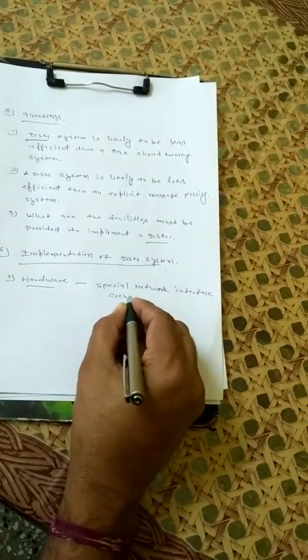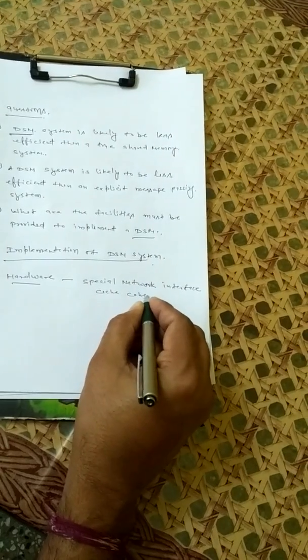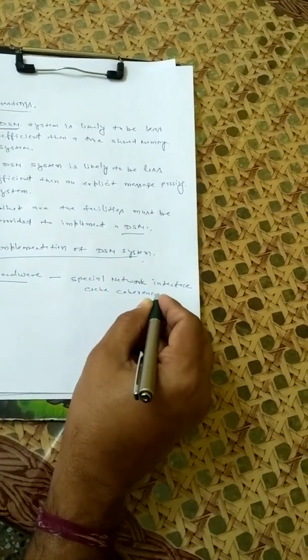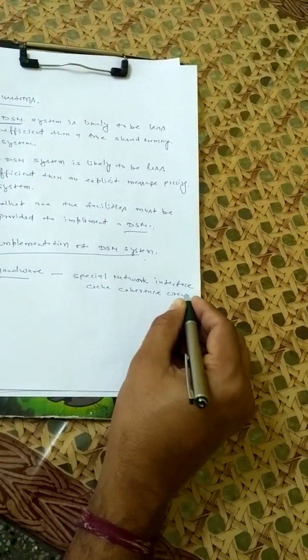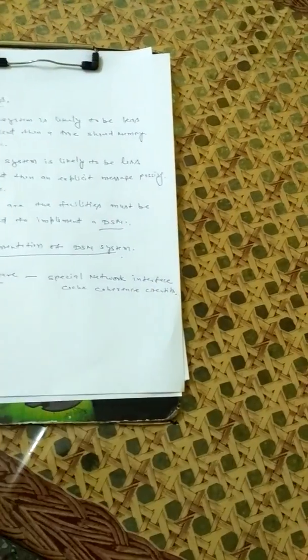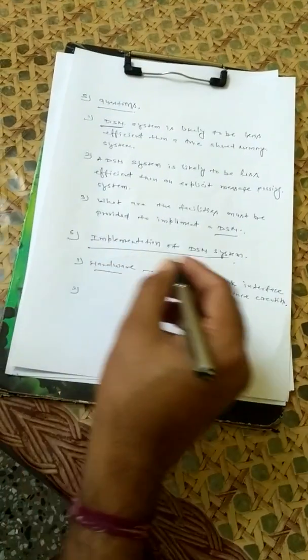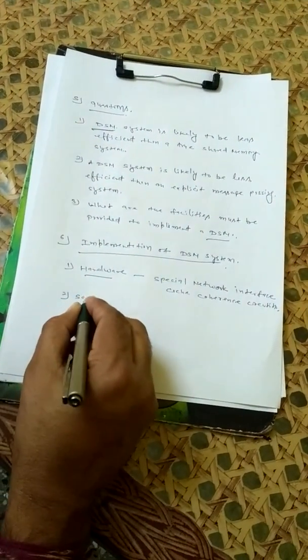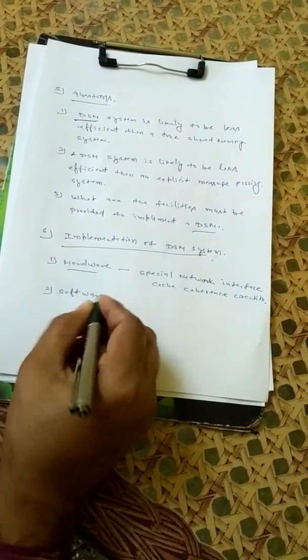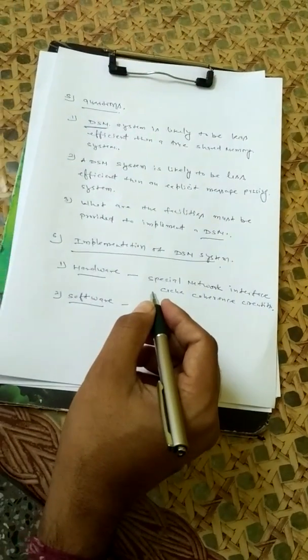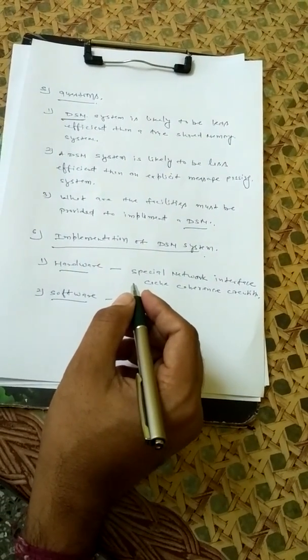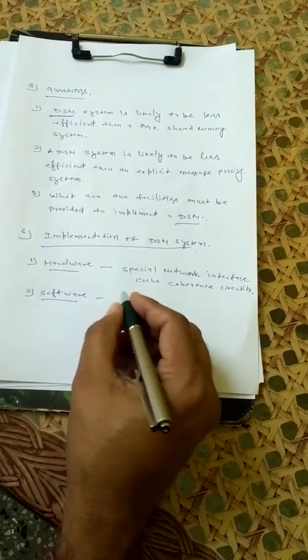The cache coherence circuits. This is the hardware part. The second thing in the DSM implementation is the software part. Software part means it will require a software layer.